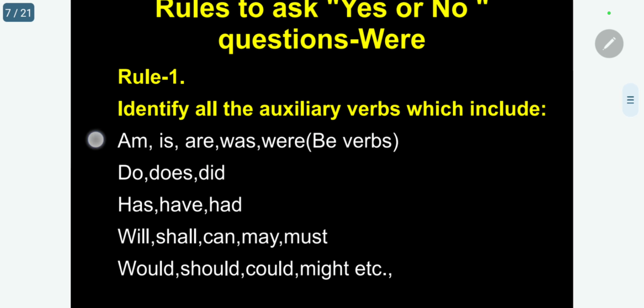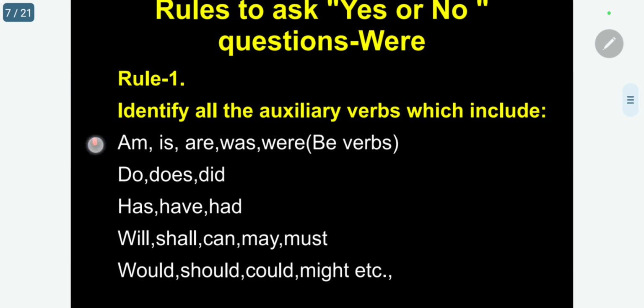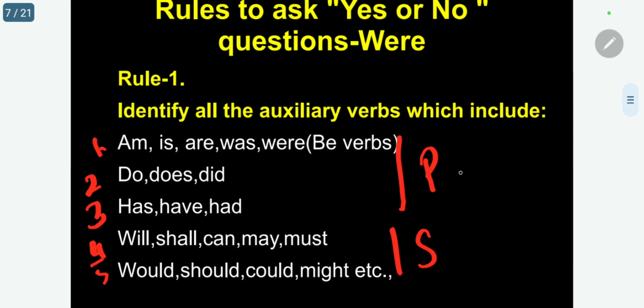So the other information I want to give: the auxiliary verbs, we can classify into two types. 1, 2, 3 are primary auxiliary verbs, and 4, 5 are secondary auxiliary verbs. What is the main difference between primary auxiliary and secondary auxiliary?